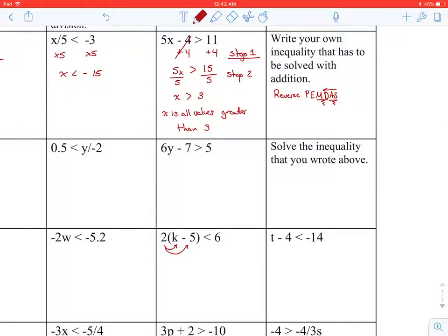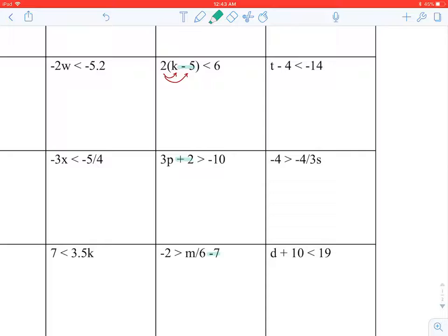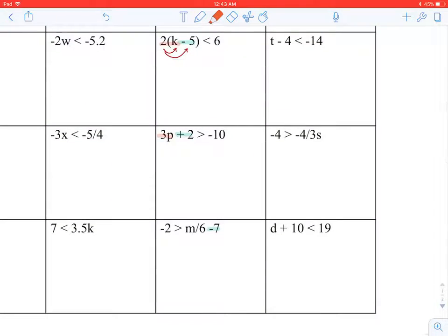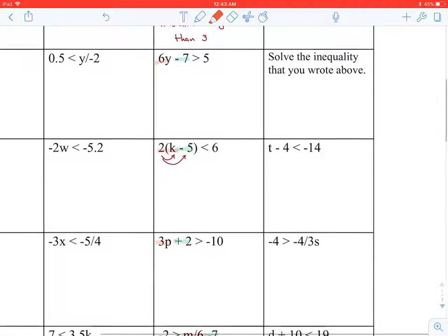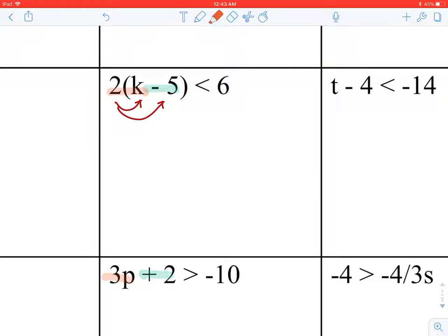You're going to be doing reverse PEMDAS, so that means you're going to be doing addition or subtraction first before you do your multiplication or division. And since we don't have any negative ones, I'll go ahead and do this distributive property one for you, just because it's been a little bit since we've worked with the distributive property.